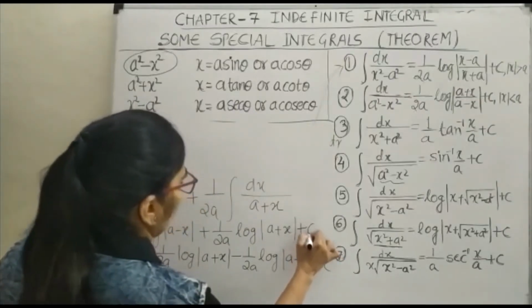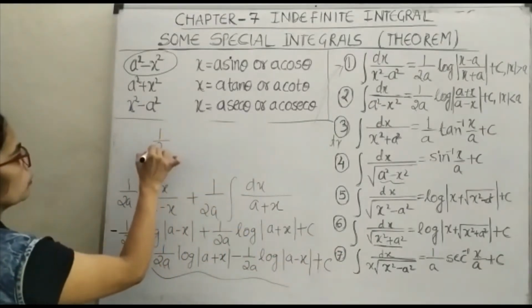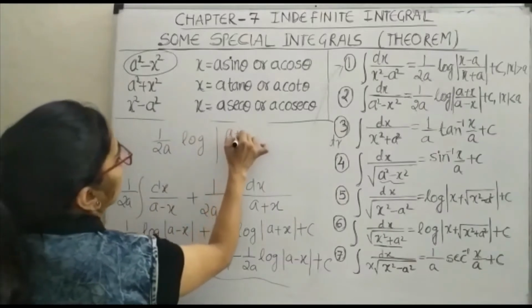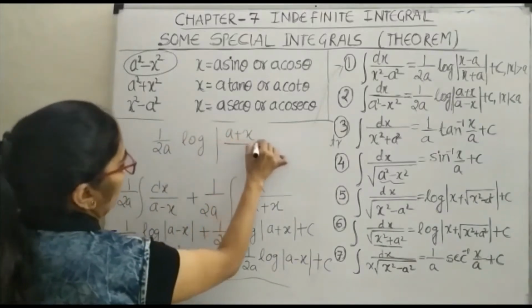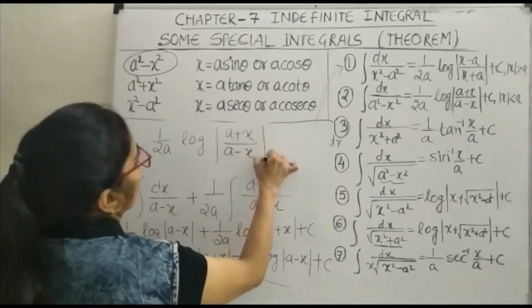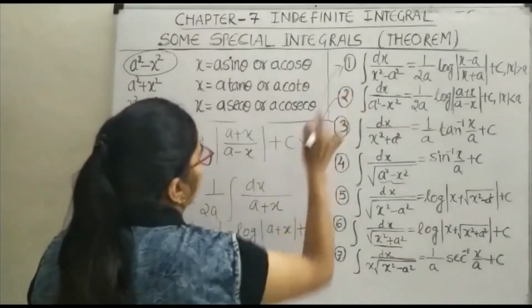Here itself you can add it. Now with these two terms you get 1 upon 2a log mod a plus x upon a minus x plus c. So this is the second part we have proved.